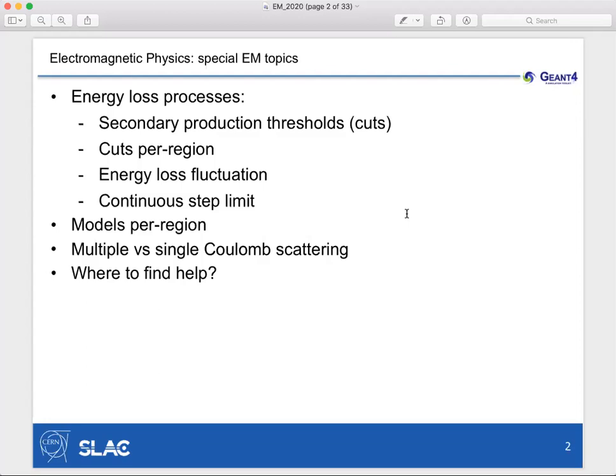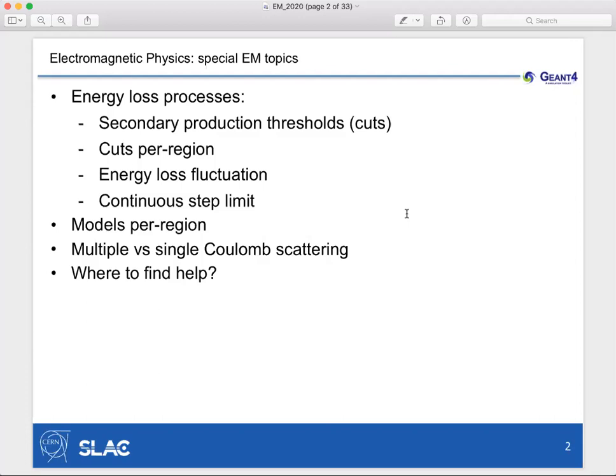Then, as you can see, the second main point is models per regions. And again, here, as I mentioned, we make good use of this concept of region, detector region. I will show you how to set a special model for a given part of your detector, why it is useful, how you can do it in a couple of different ways.